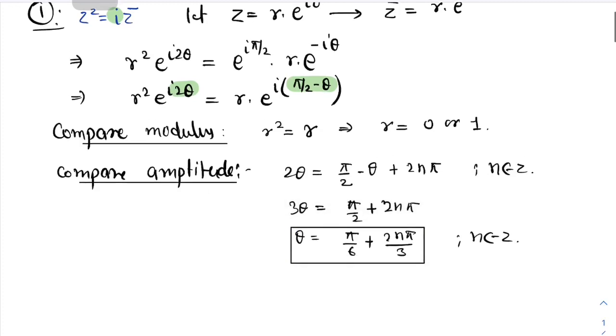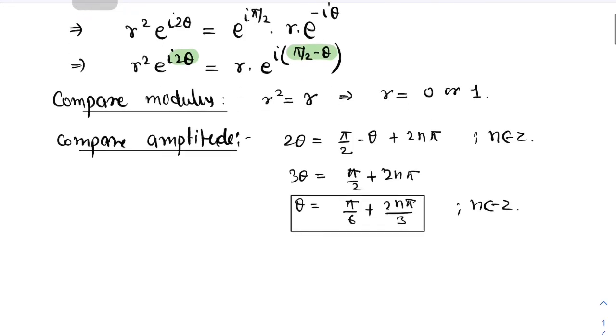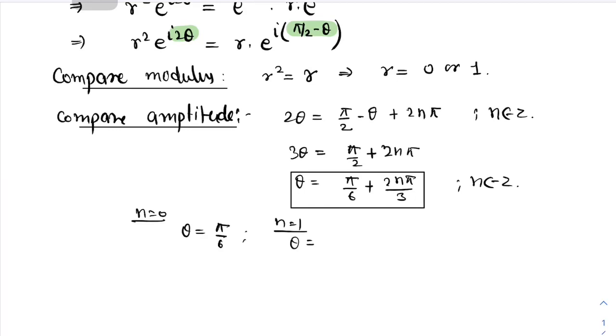Okay, now by putting various values of n, we will get some values of theta. If we put n equal to 0, our theta will be simply pi by 6. If I put n equal to 1, then theta will be pi by 6 plus 2 pi by 3, and that will be 5 pi by 6.